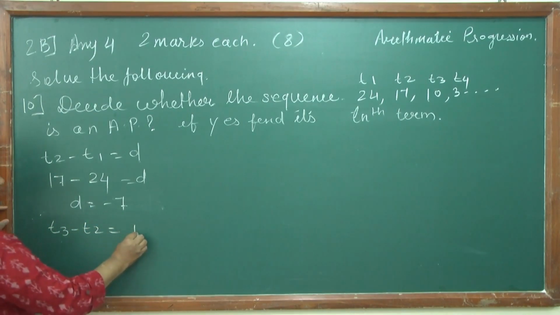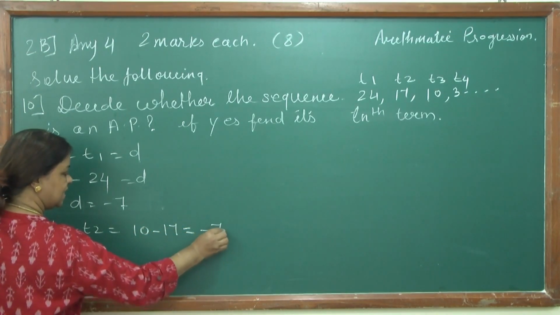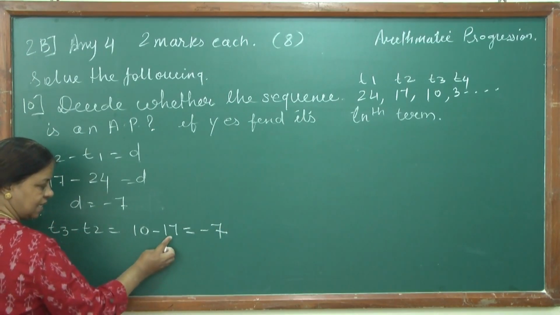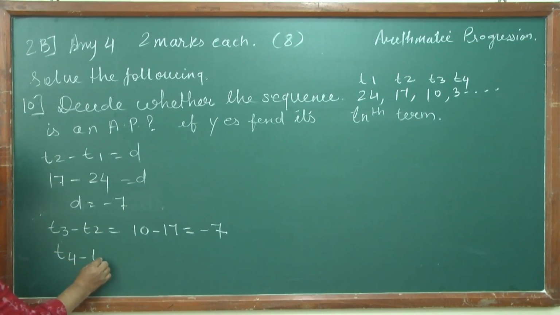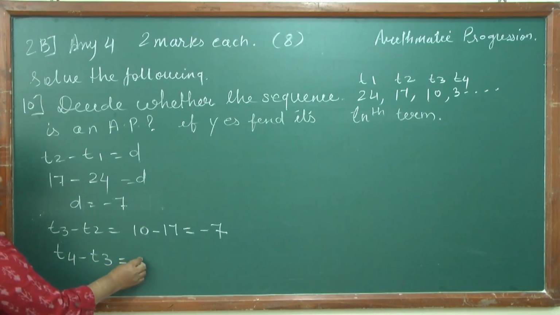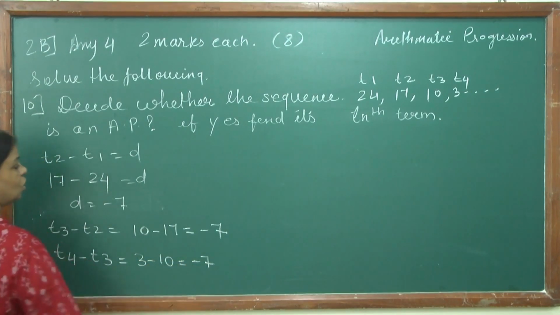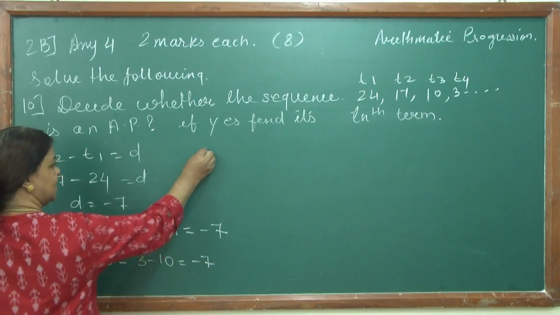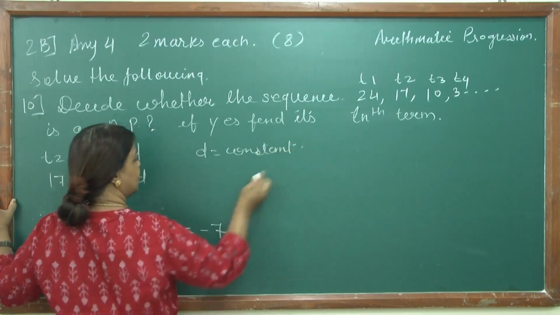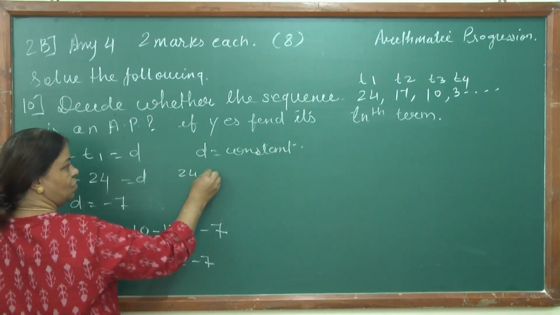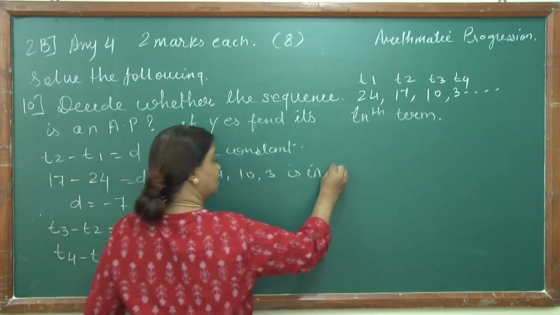T3 is 10 minus 17. So 17 minus 10 is again minus 7. See, sign of the greater number. 17 minus 10 is 7, so minus 7. Then let's find T4 minus T3. That is 3 minus 10. Again it is minus 7. So the difference is constant. d is equal to constant.